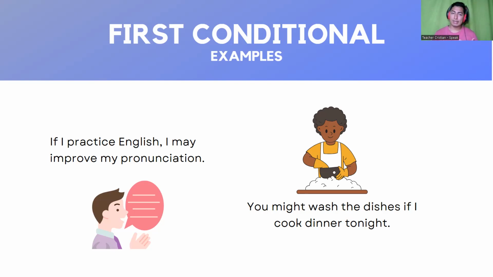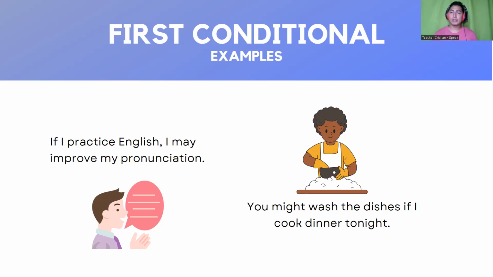But, well, in this case, we are talking about real things and possible things. So maybe if you have brothers or sisters, sometimes you make this kind of agreements with them, and one person cooks, the other person washes, okay?